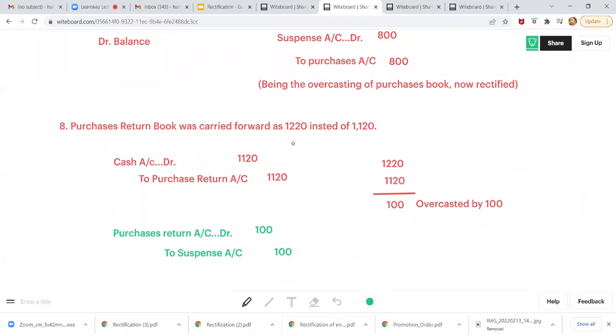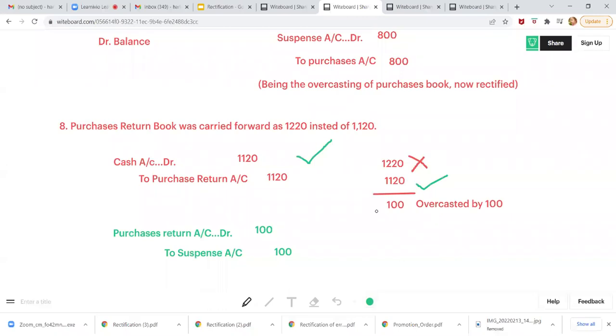See, there has to be this posting, but by mistake it was wrongly posted, or carried forward, with the amount of 1220 rupees, and we know that there has to be 1120 rupees only.